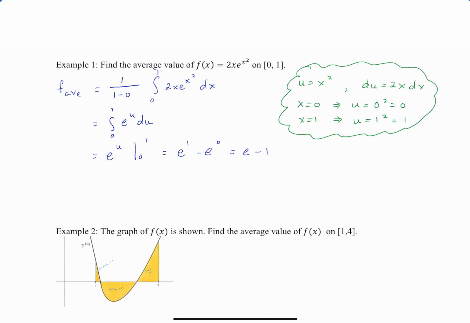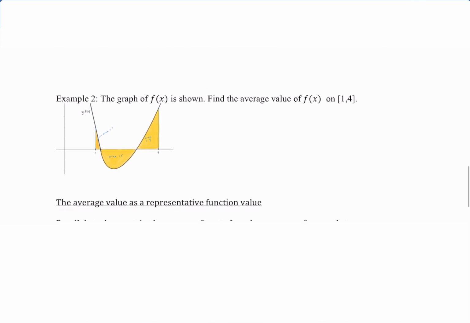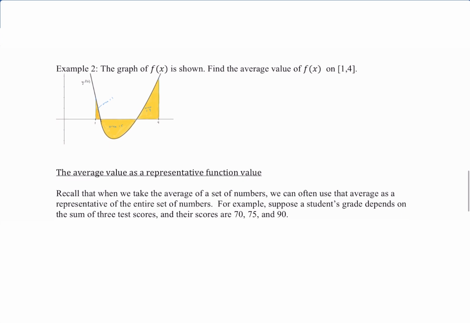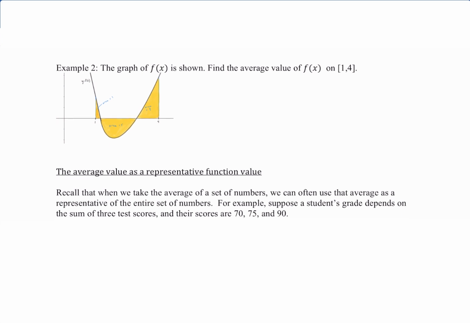Let's see another example. We're given the graph of a function f of x, and we're asked to find its average value. Even though we don't have the formula, we don't even know what any of the values are. So how are we going to do this? Well, let's go to our formula for the average value.